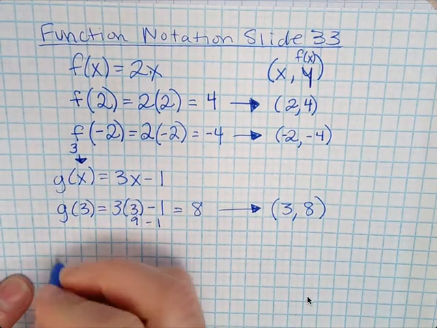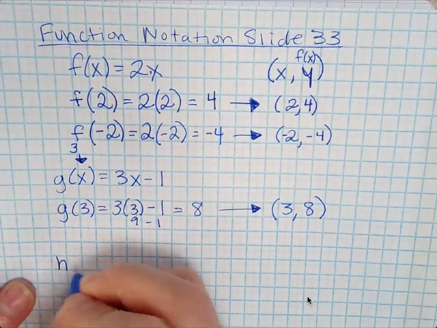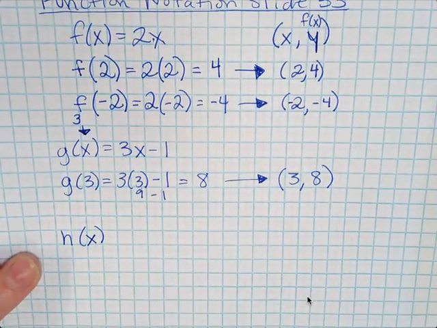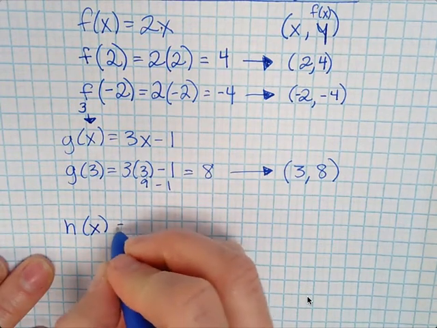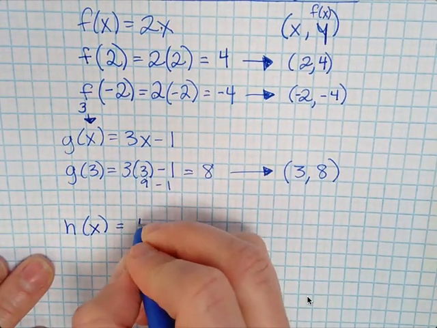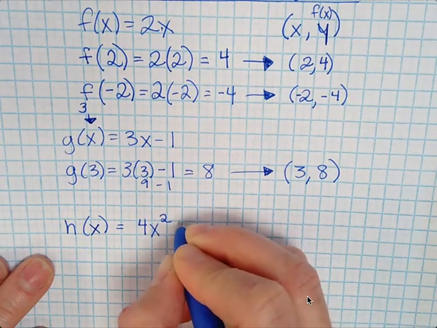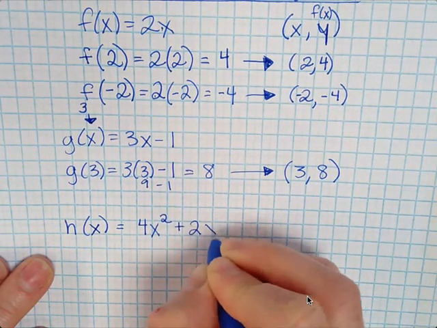Okay, let me show you another one. I'm just going to come up with an h of x, just a random one. And I'm going to say that h of x is 4x squared plus 2x.